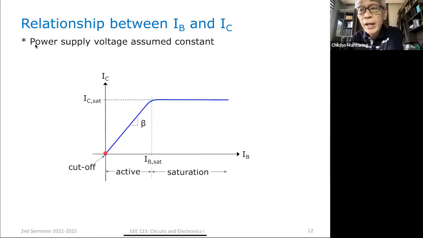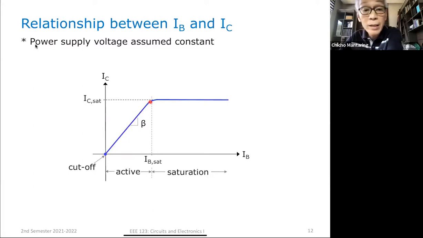If my collector-base is reverse biased and I start to get base current to flow, then that means my emitter-base will be forward biased. Then I'm going to get IC equal to beta IB. So this is now in the active region.